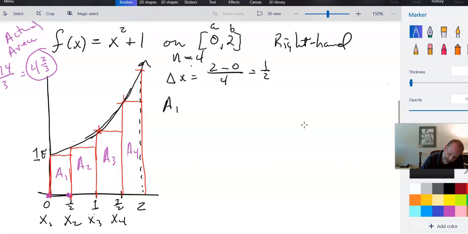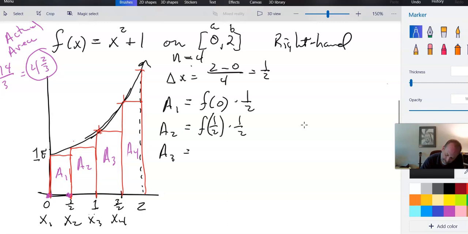So again, A1 is going to be f of 0 times 1/2. That's the height, that's the width. Notice delta x doesn't change for any of these methods. It's always 1/2. A2 is going to be f of 1/2 times 1/2. A3 is going to be f of 1 times 1/2.